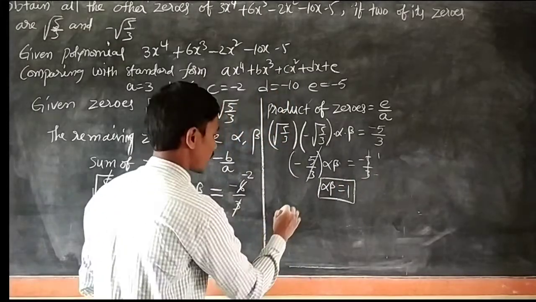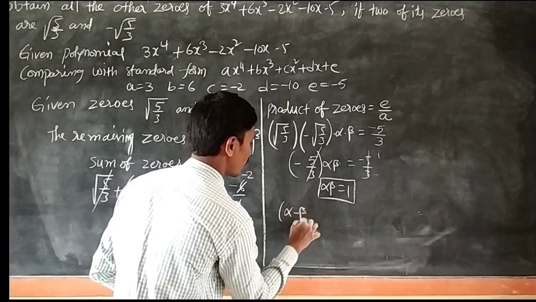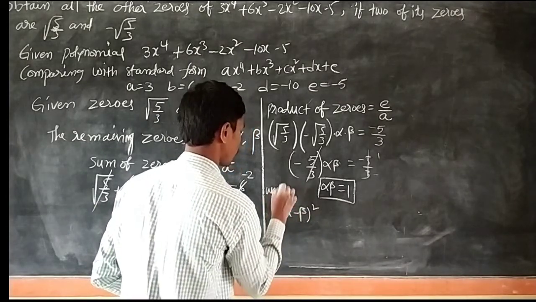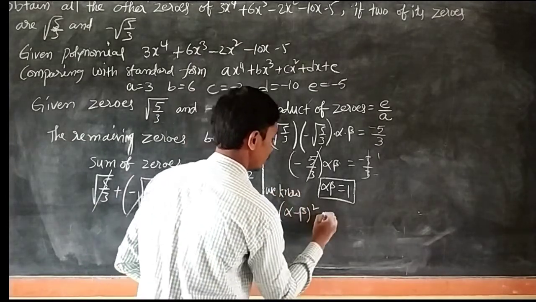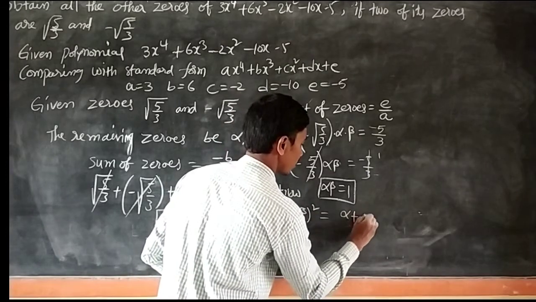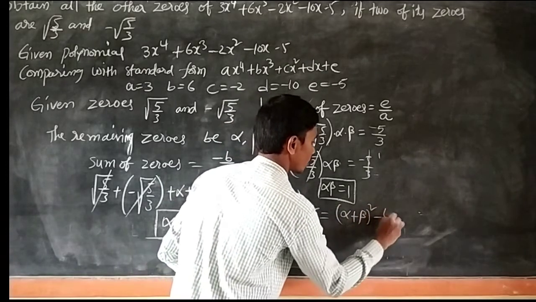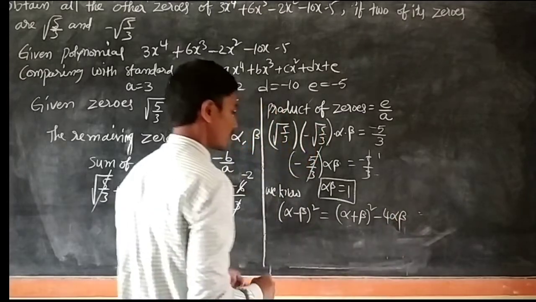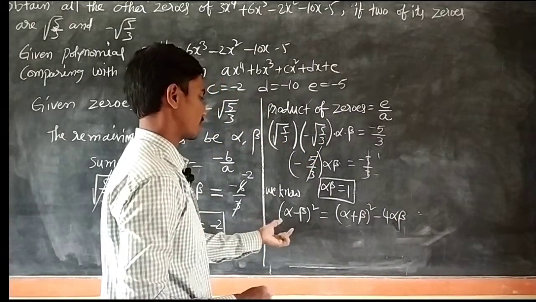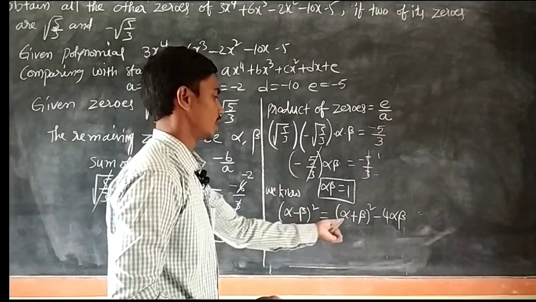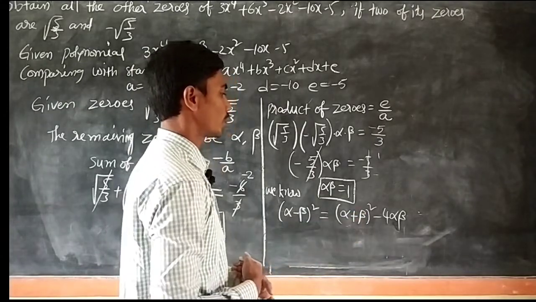We know alpha minus beta whole square is equal to alpha plus beta whole square minus 4 alpha beta. Just like the algebraic identity, a minus b whole square is equal to a plus b whole square minus 4ab.